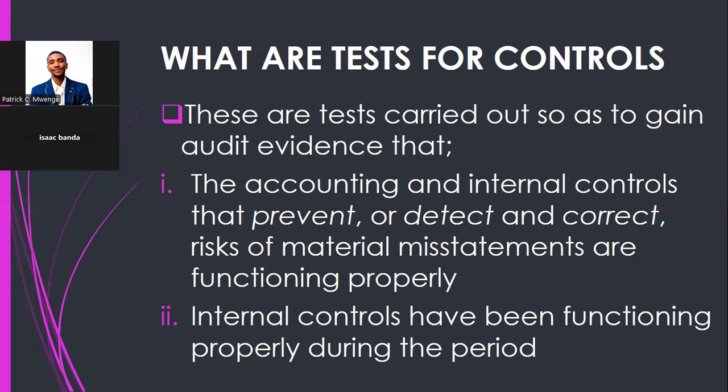We're trying to assess whether the controls that management has put in place are working accordingly. All those controls that prevent, detect, as well as correct misstatements, are they working accordingly?